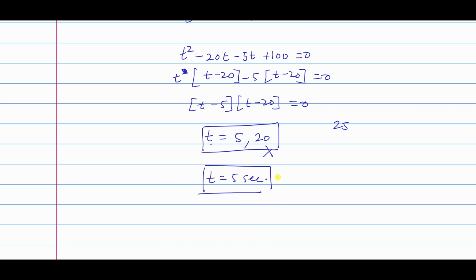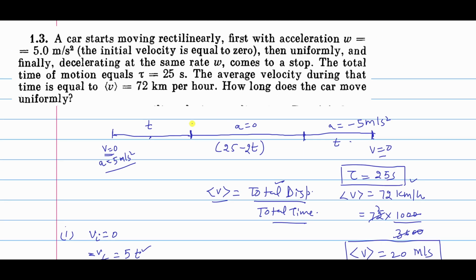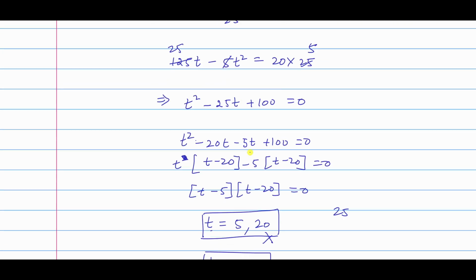Okay, so if this is 5 seconds, then we can find the time taken when the car was moving uniformly. So we need to find the time period during this duration, which is 25 minus 2 times t.